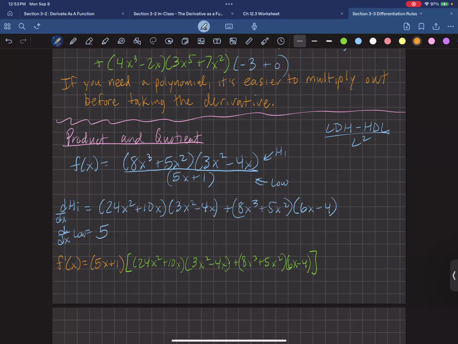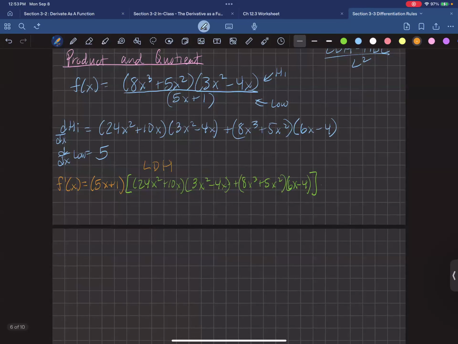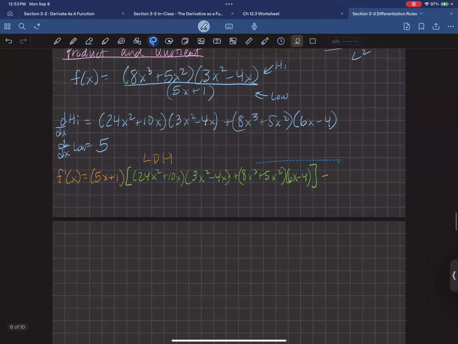That was my low d high. Then we have, this is kind of really hard to do, isn't it? Minus high d low. Let's see if I can squeeze this in. What I'm going to do is, you know what? Let's put it all down here first.